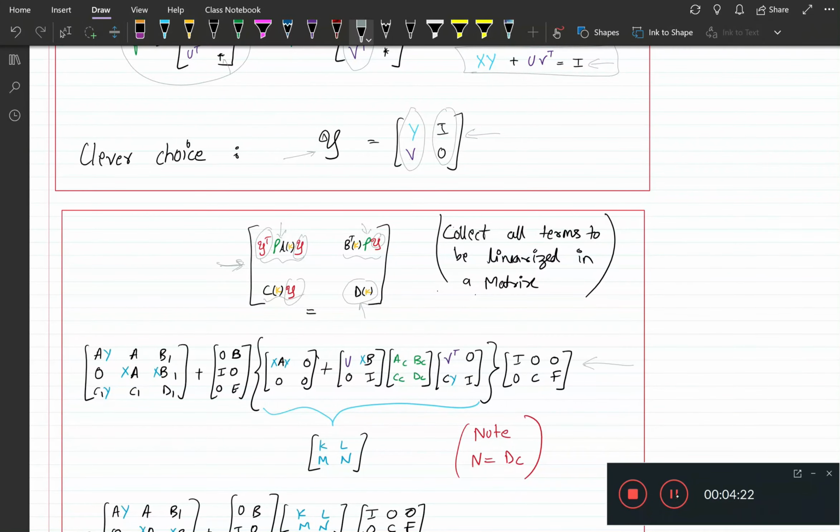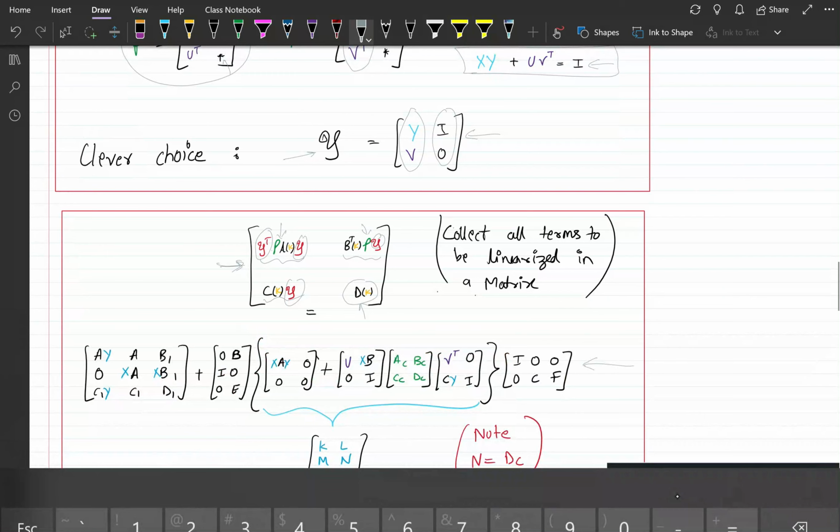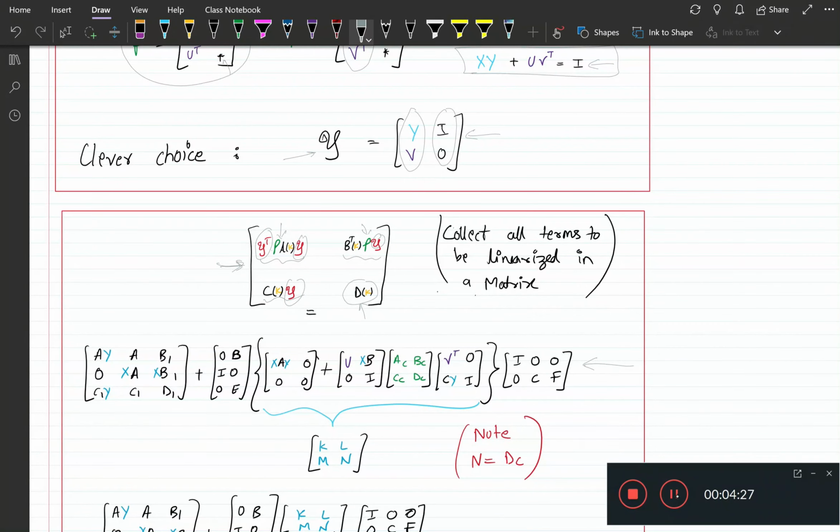At this point I encourage you to pause the video and verify for yourself that after you substitute Y, P, A, B, C, D here, you do in fact get this expression.